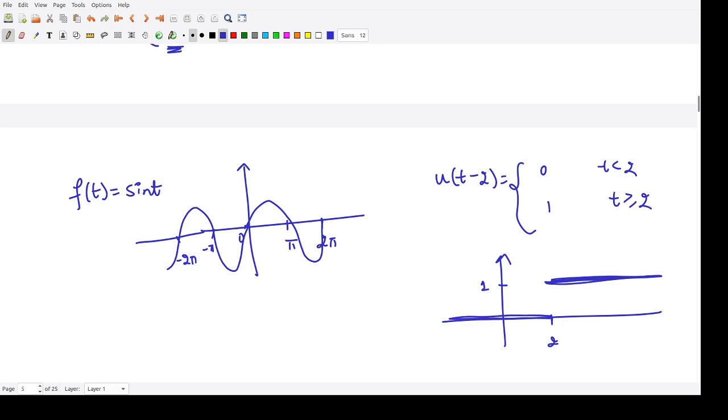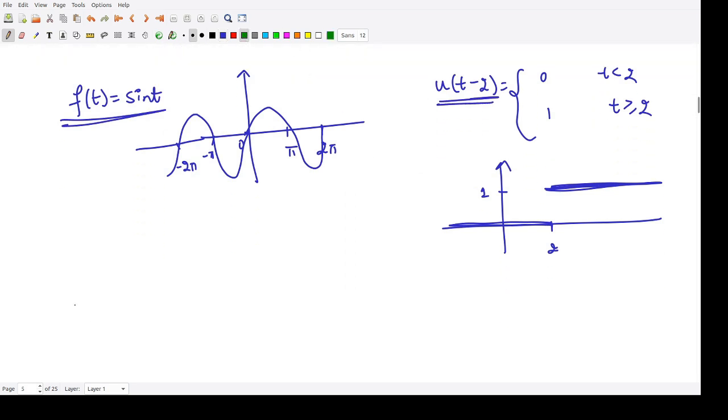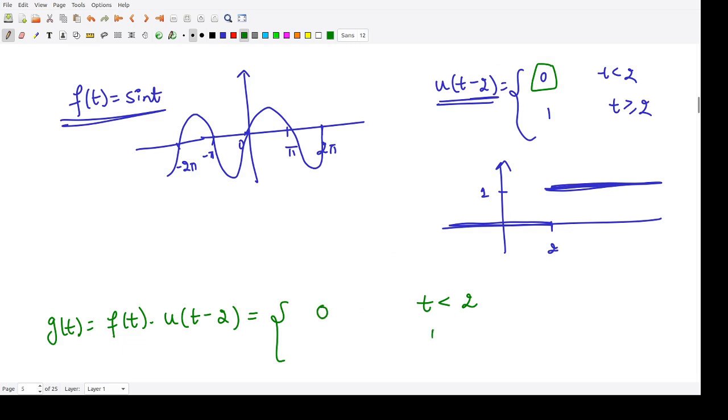So now we are multiplying this function with this function. We have a new function, let me call that g of t. So g of t is f of t multiplied by u of t minus 2. How can I define this function? Whenever t is less than 2, its value is 0 multiplied by sin t, so it is also 0. And whenever t is greater than or equal to 2, its value is 1 multiplied by sin of t.